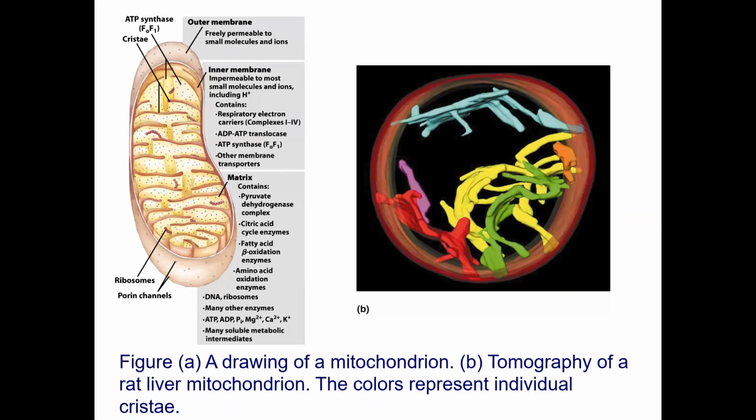So mitochondria again, the number of mitochondria will depend on what kind of cells we are talking about and what those cells' energetic needs are, right? So if you have, for example, active skeletal muscles, you may have thousands of mitochondria in those cells.